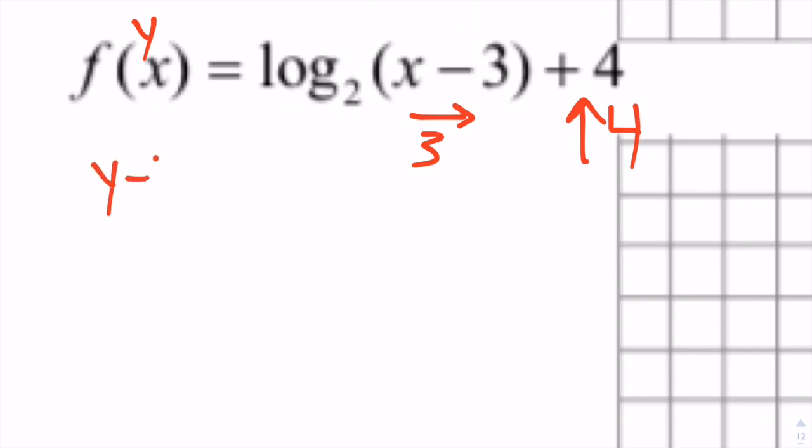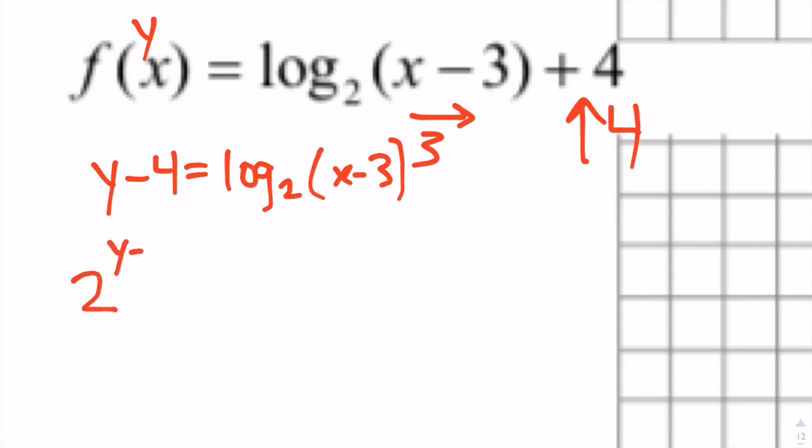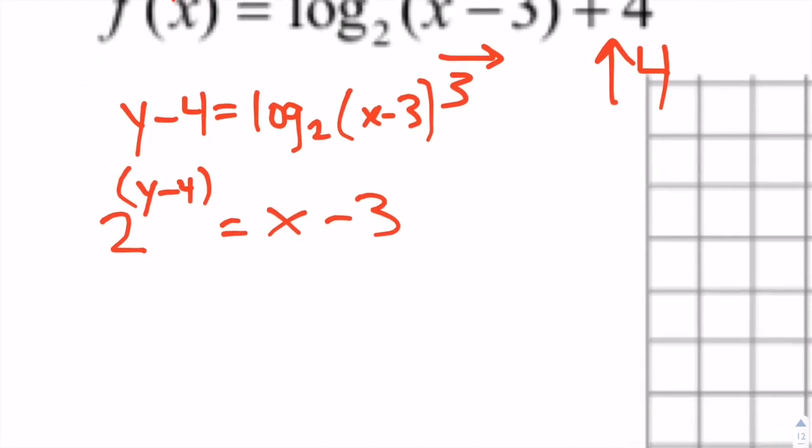So I'd have y minus 4 is equal to the log base 2 of x minus 3. Okay, now I rewrite this, 2 to the y minus 4 power, put some parentheses, is equal to x minus 3, because that log would be gone because we just rewrote it.